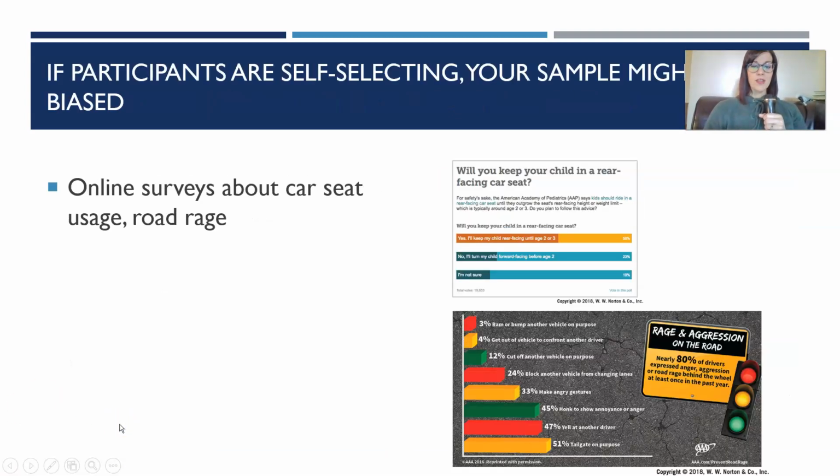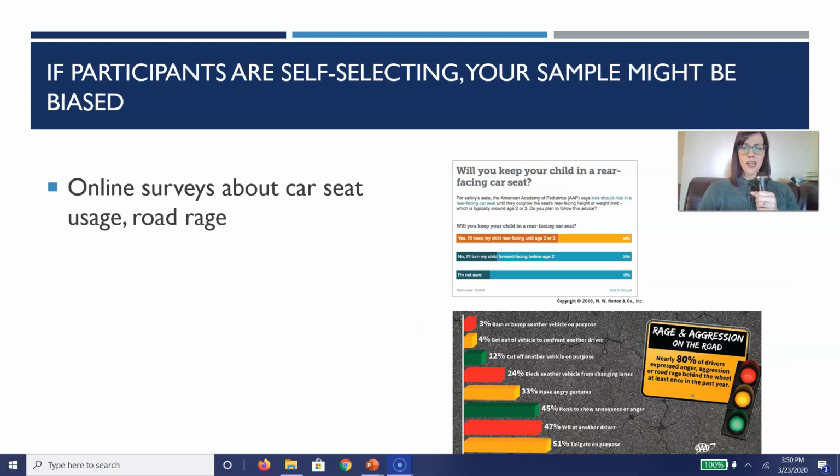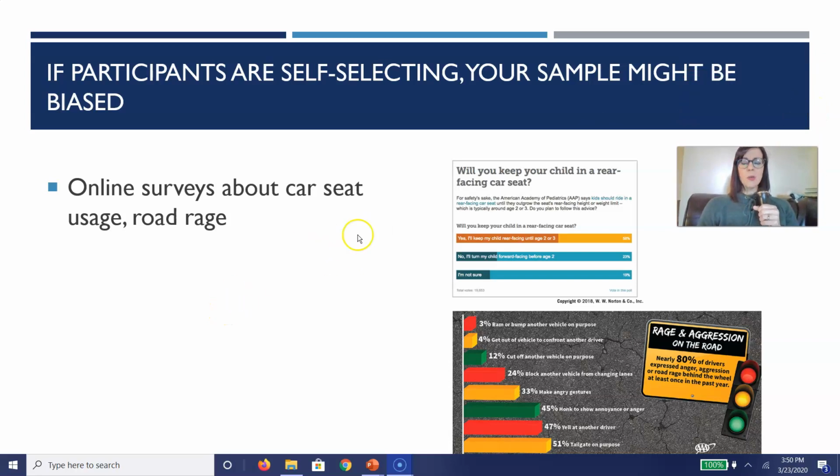Okay, here's another one. If your participants are self-selecting, your sample might be biased. What you're looking at here are surveys on car seat usage and road rage. So will you keep your child in a rear-facing car seat? For safety's sake, the American Academy of Pediatrics says kids should ride in a rear-facing car seat until they outgrow the height or the weight limit, typically around age 2 or 3.